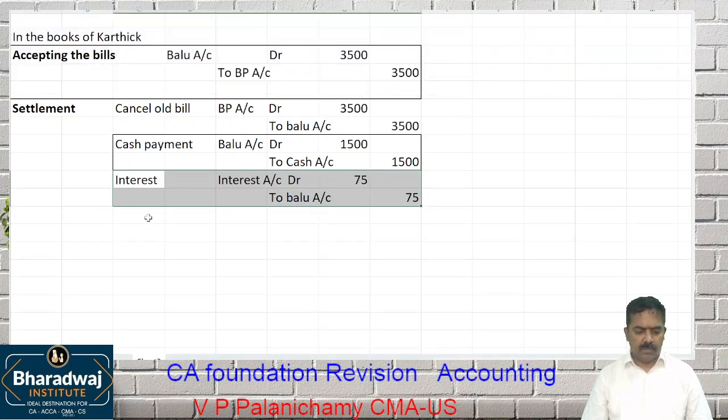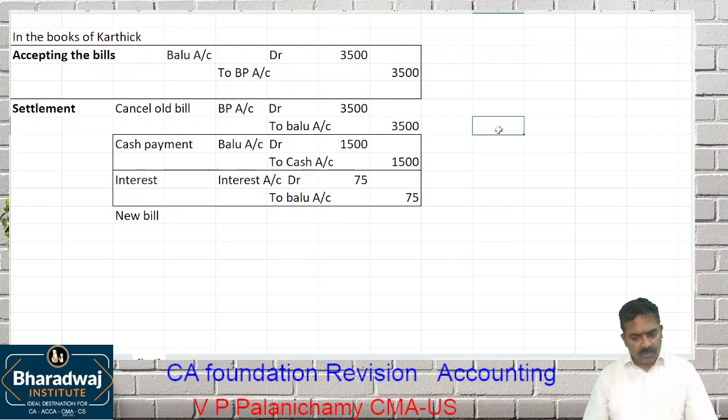Then we have to draw the new bill. Simple. What is the old bill value? 3,500, less cash payment 1,500, add interest. How much interest do we have to pay? 75.